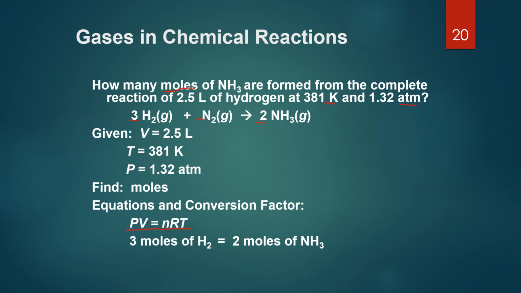Once I have n, my moles, I can then use a conversion factor to get between moles of hydrogen and moles of NH3. That is the coefficient of 3 in front of hydrogen and the coefficient of 2 in front of NH3, giving a mole ratio conversion factor.